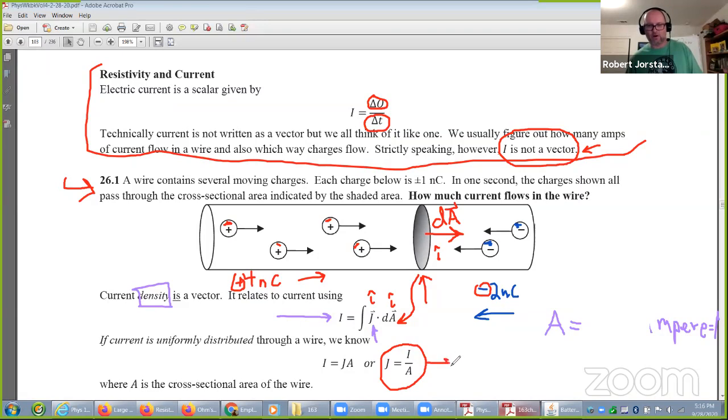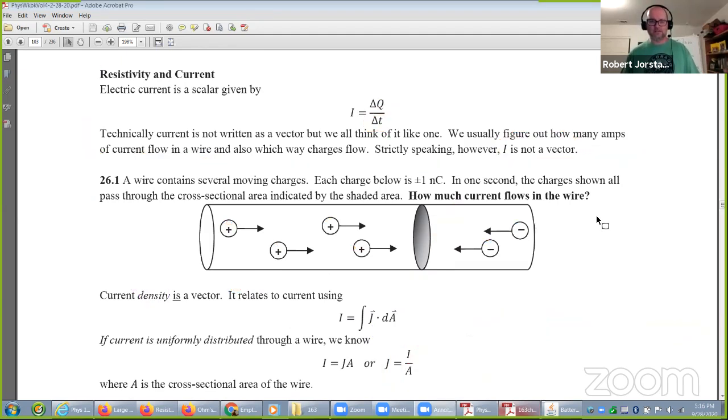If we work all this out, the units should be amps per meter squared. Now notice one of the fun things about physics: this A is an area, this A is an amp. So remember, you've got multiple A's all over the place. Areas and amps. You've got to keep them straight. All right. So far, so good, I hope.